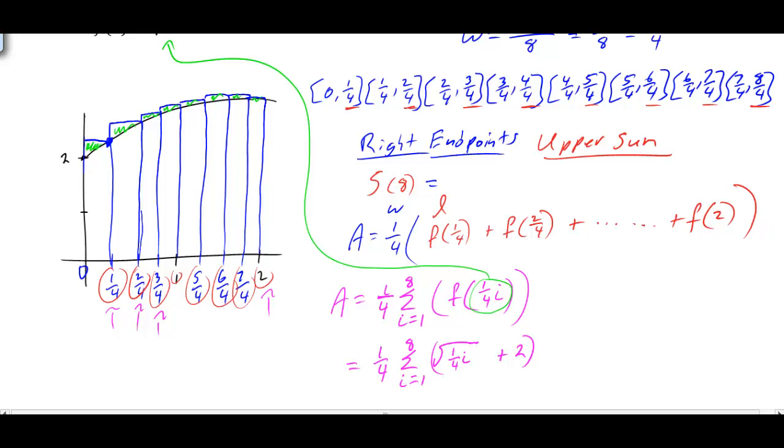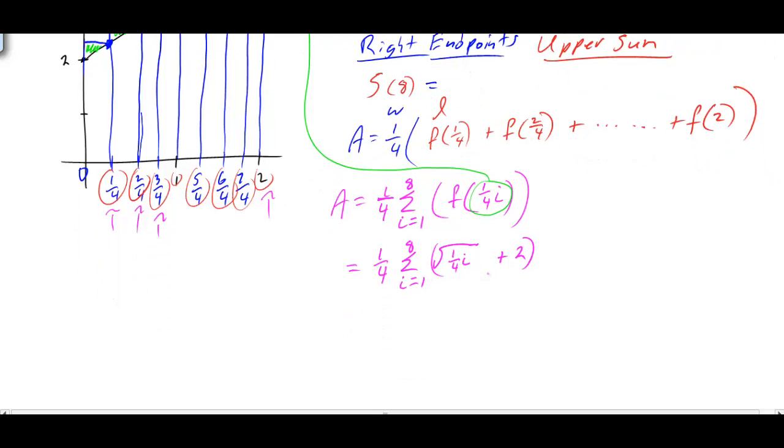And again, this is the summation that we could enter into your calculator, just as I had shown you before. And if you do this calculation, you should end up with 6.03. And keep in mind, this is the upper sum, so you may see this capital S 8.